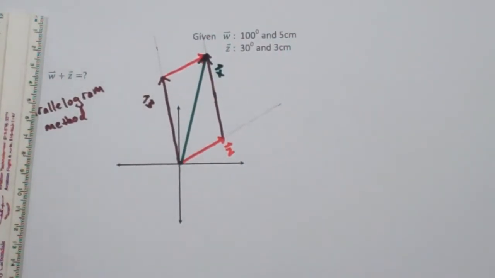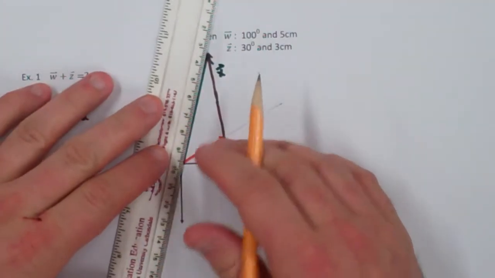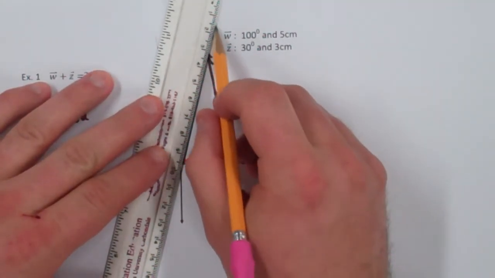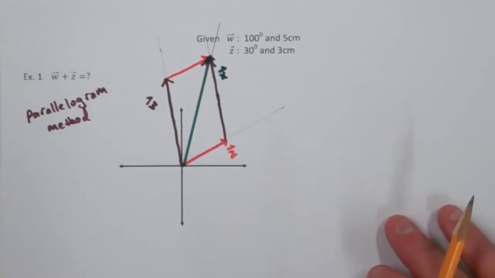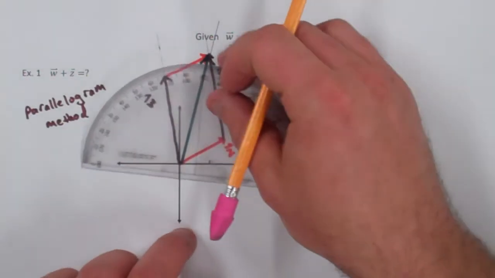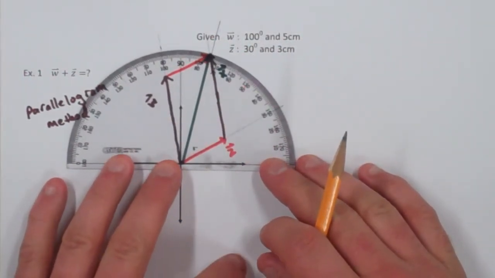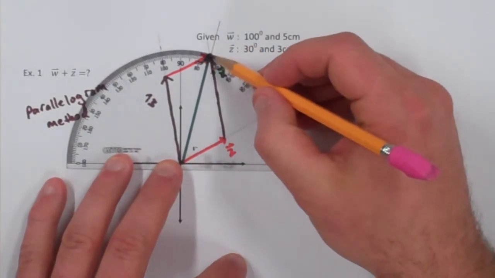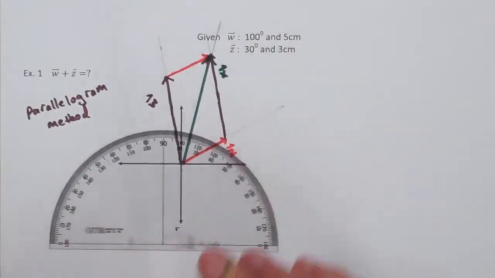So we have to do a few things. One thing we need to do, and I'm going to extend this line just a little bit, is figure out its magnitude and also the degree for this one. If we take a look at our handy dandy protractor here, it looks like this is about 75 degrees, maybe 74. We're going to call it 74.